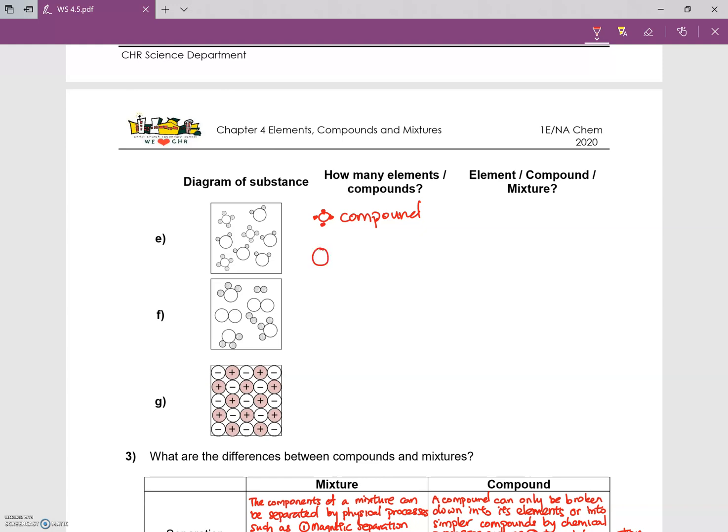The next one, you have what we call the Mickey Mouse: a bigger circle with two shaded circles. These are different types of atoms combined together, so we call it a compound. Now, substance E is not purely the first one or purely the second one. Both of them are put together, so we consider this a mixture, a mixture of two different compounds.